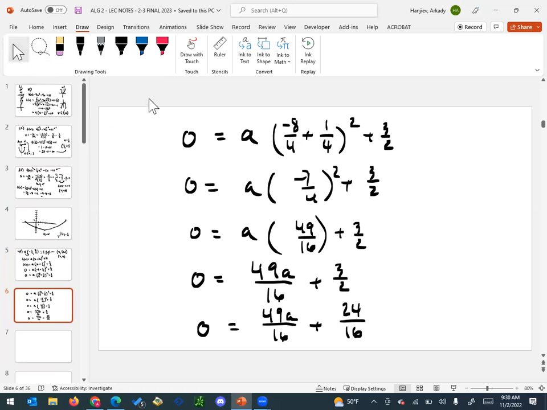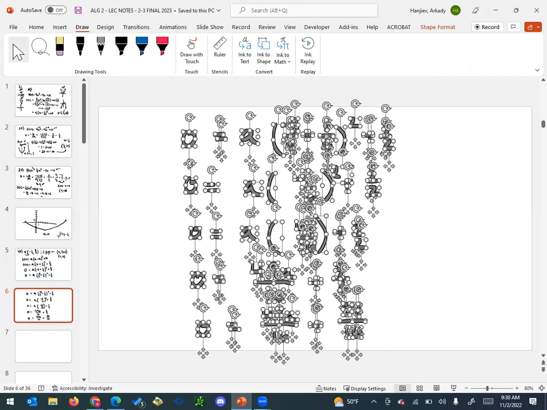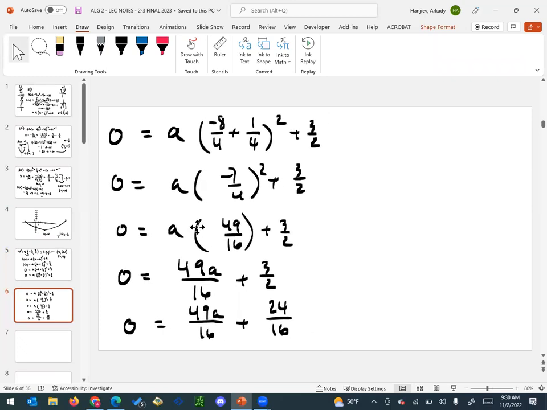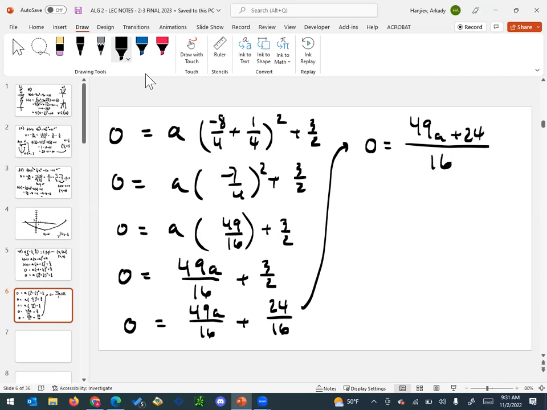Let's go multiply by 16. If you multiply by 16, isn't that just going to go away anyway?